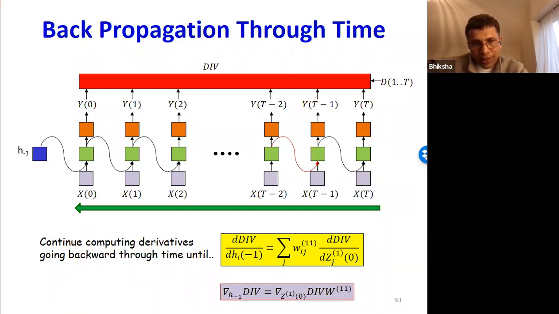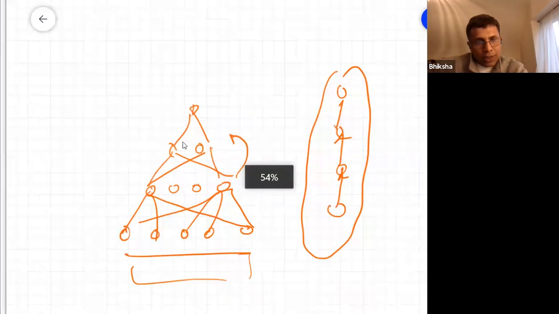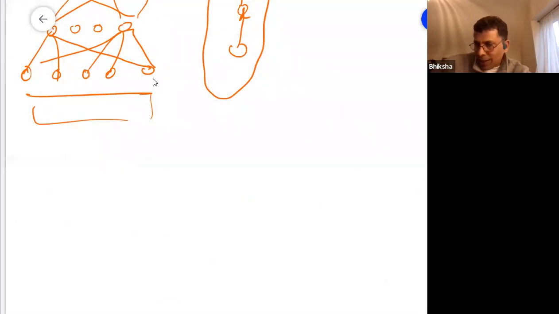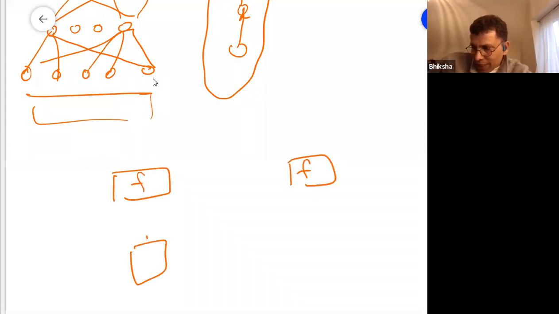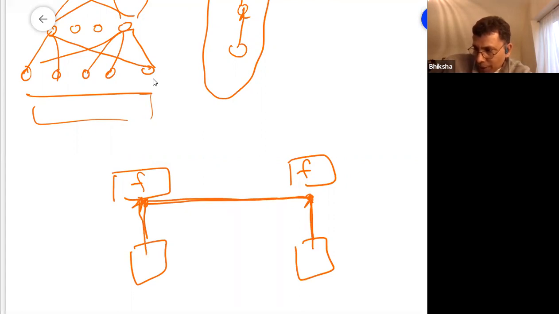If this is my activation F, and this is my activation F, what you're suggesting is that you compute the Z value over here and the Z value over here. So this is like having a recurrence with linear activation. It's a perfectly valid thing to be doing. It's a linear system. You're losing the non-linearity of the recurrence.